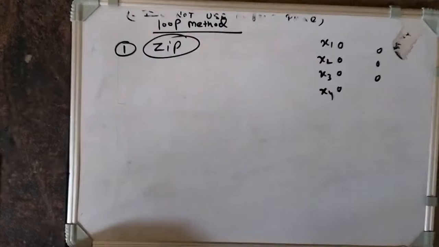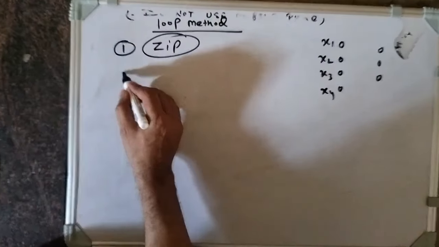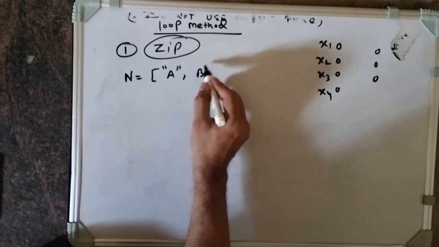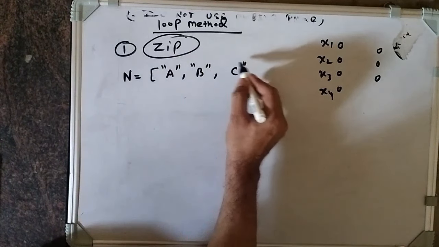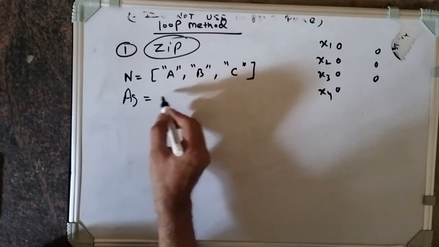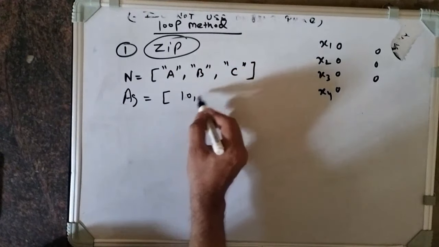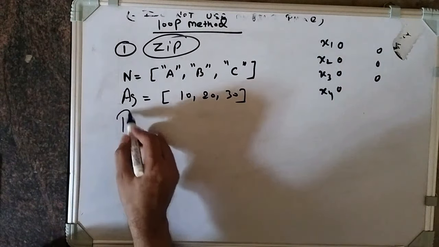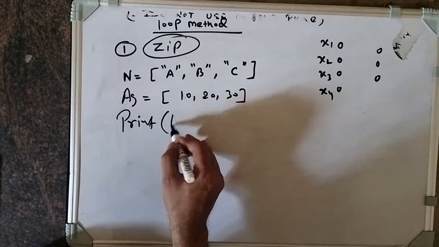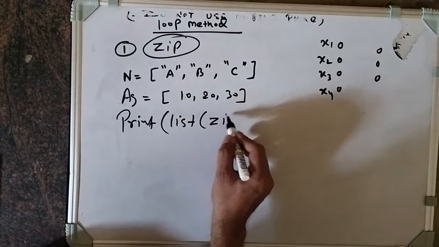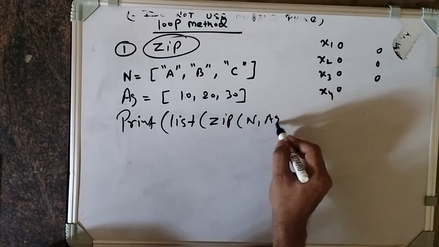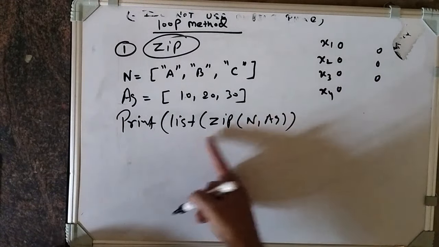I am writing n is equal to a, b, c. And suppose age is equal to a list, 10, 20, 30. And I am printing the list, writing zip, zipping this n and age.